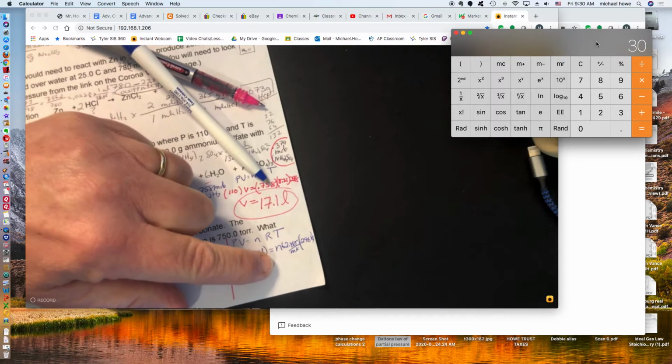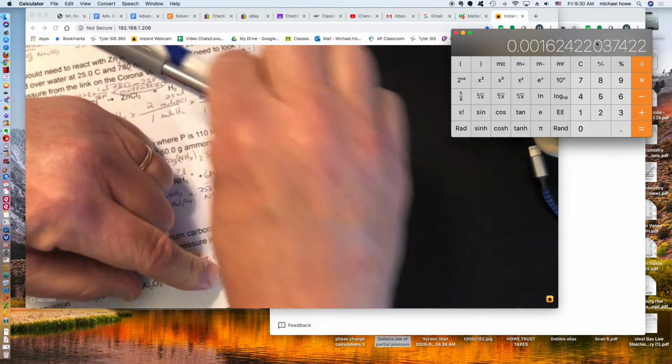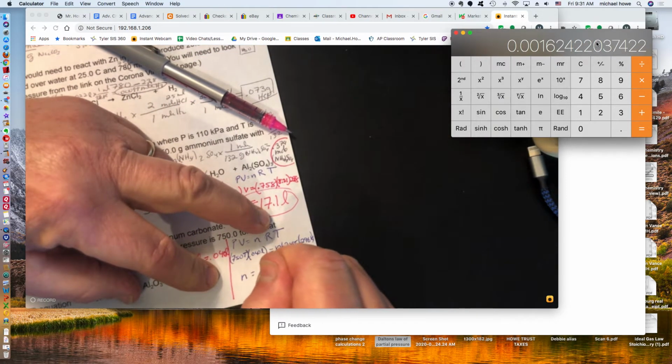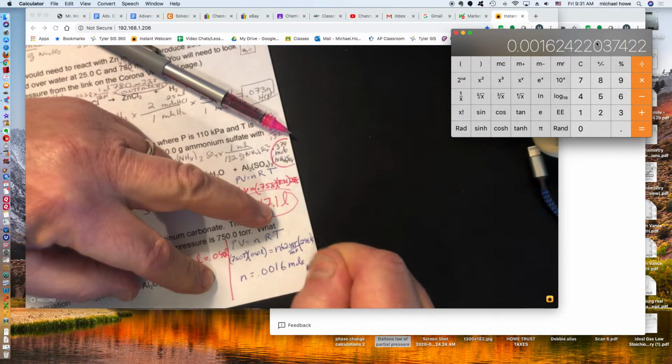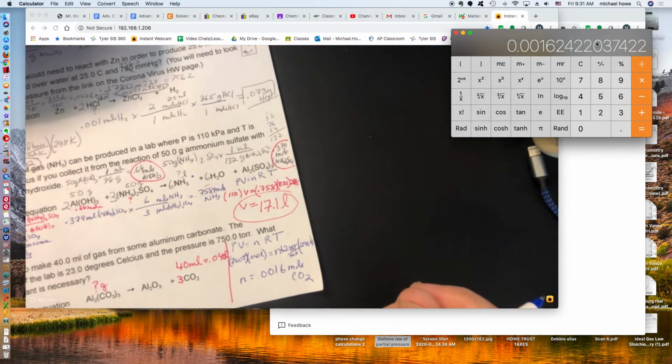And now I'm going to divide that 30 by 62.4, and then divide again by 296. So my number of moles, n, equals 0.0016, and that's moles of CO2.